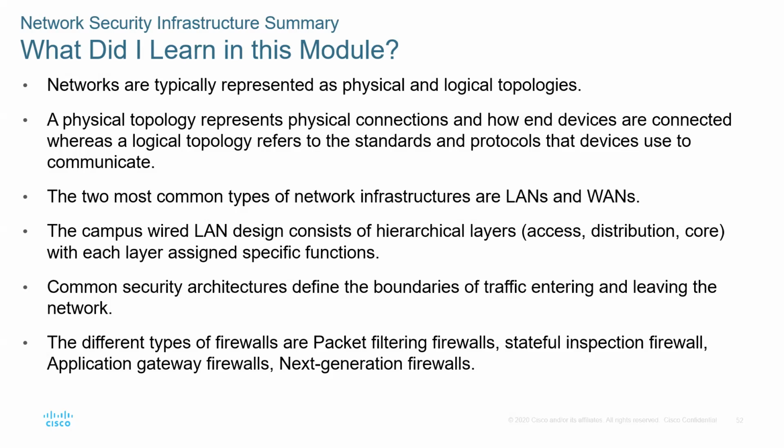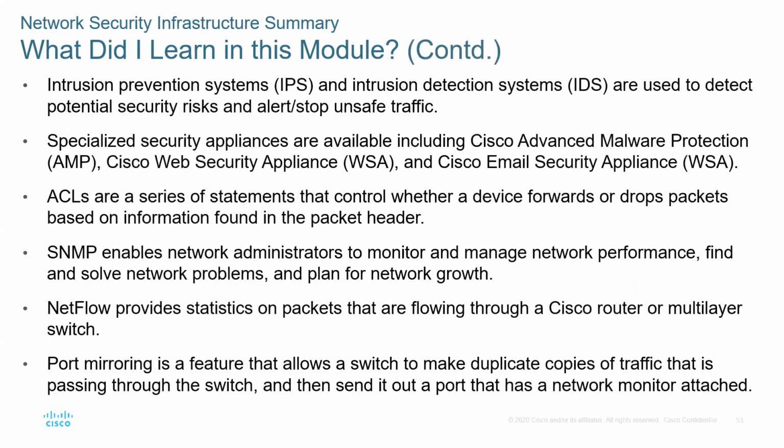Common security architectures are going to define boundaries of traffic entering and leaving a network. You're also going to have different types of firewalls. So we have packet filtering firewalls, stateful inspection firewalls, application gateway, and then the next gen firewalls that can do pretty much all of that. We have IPSs, or intrusion prevention.